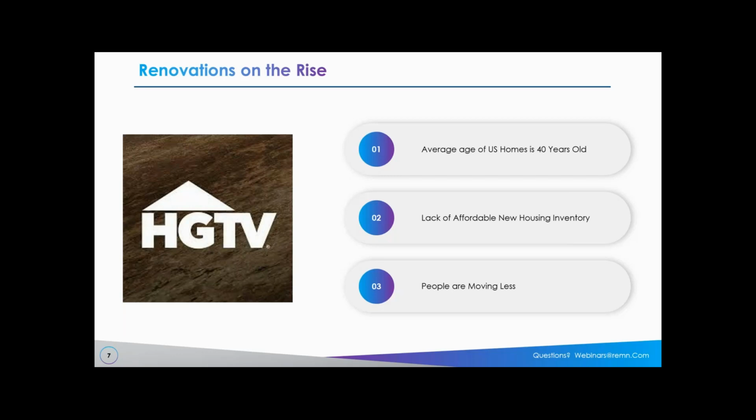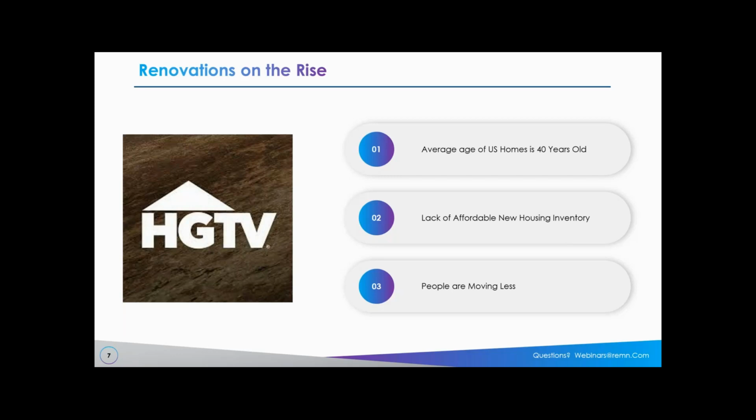They see the Joneses on TV, on Fixer Upper, gutting a home and making it all nice again, putting in a new kitchen, adding additional square footage. And they say, you know what, I want to do that too.